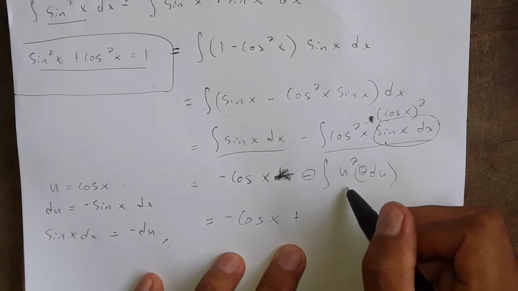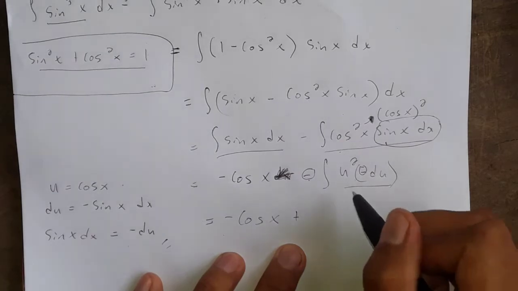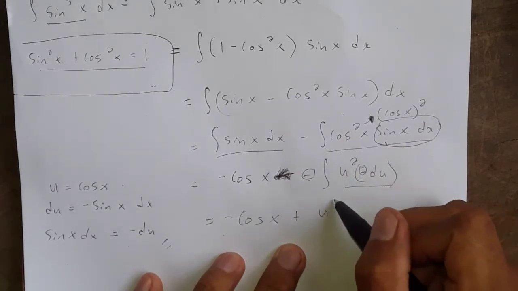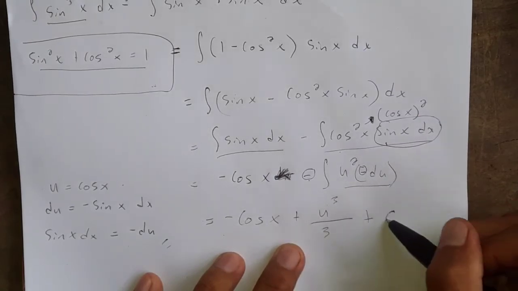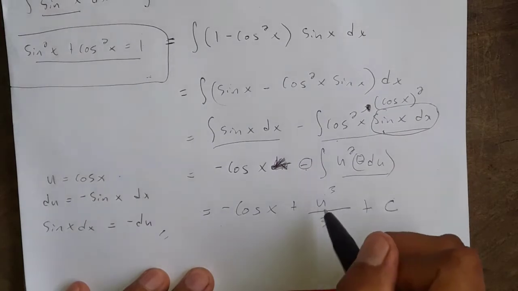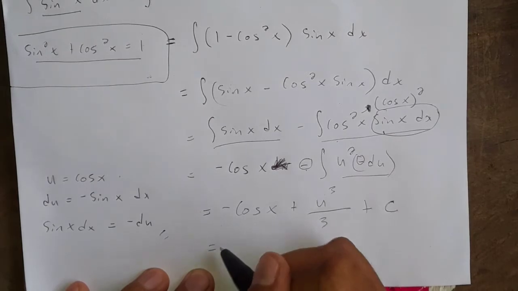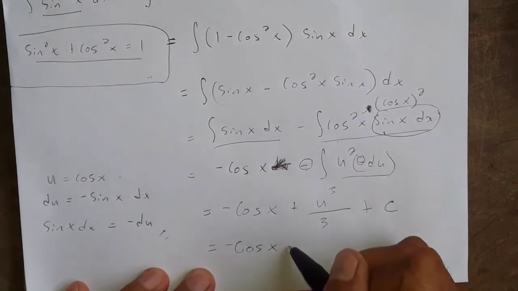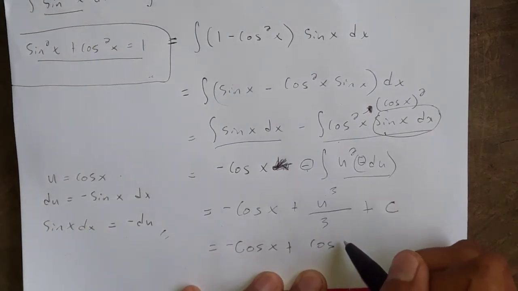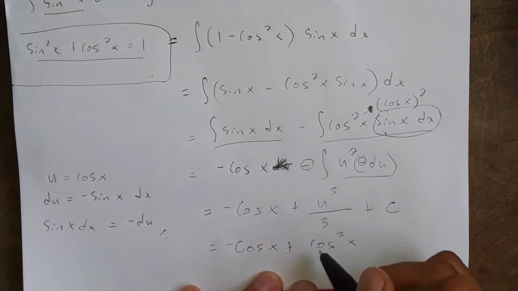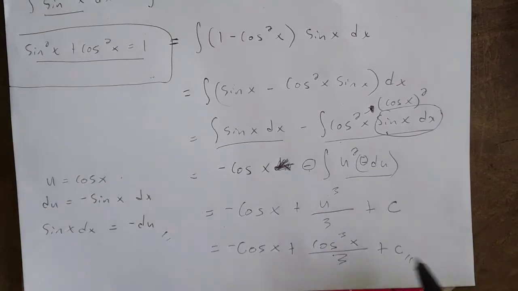Then what we're going to use to integrate is the power formula of integration. We add the exponent by 1, then divide the function by its new exponent. Don't forget to add an arbitrary constant. So by substituting back, we have negative cosine of x plus, our u is cosine, so we have cosine cubed of x over 3 plus an arbitrary constant. So that was our final answer.